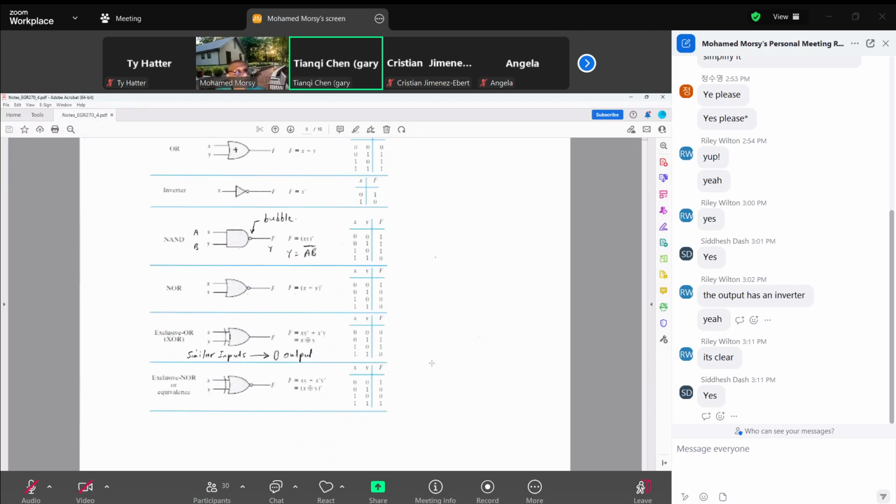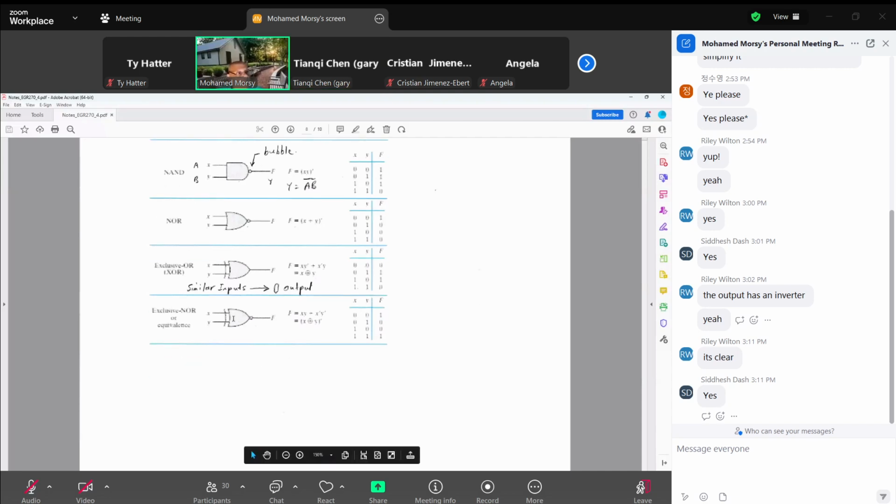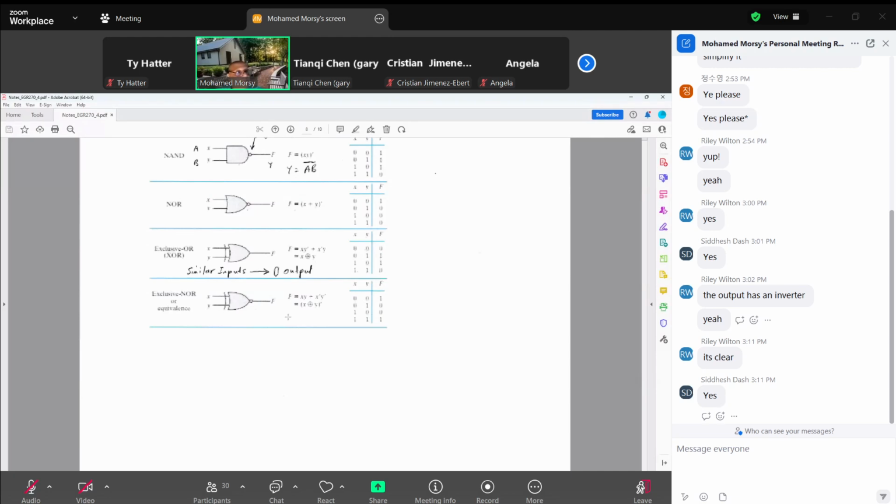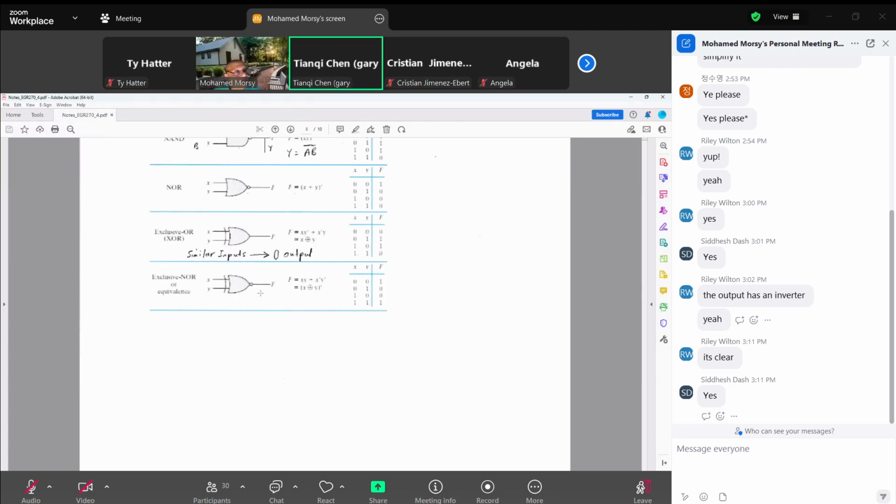For the last gate, isn't this just the same as the AND gate? Which gate? The last one here? It works just like the AND gate.